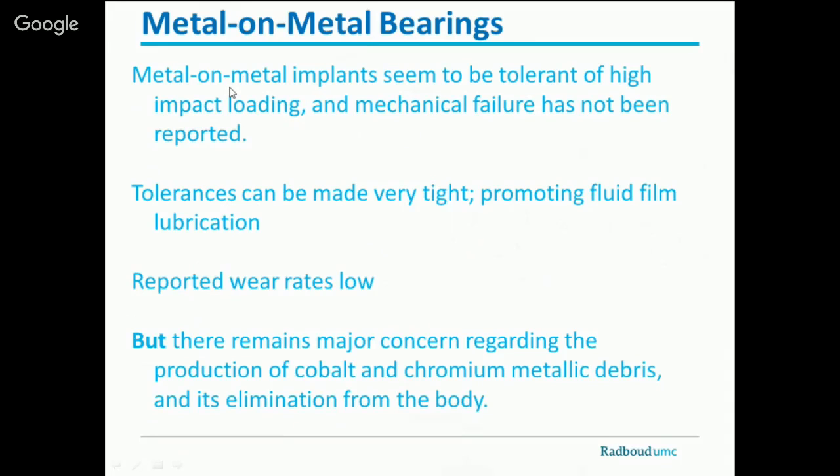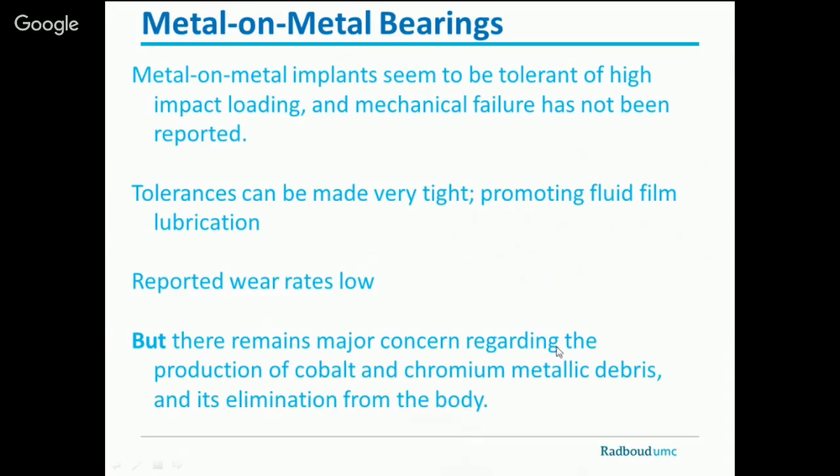Metal-on-metal implants are very tolerant against impact loading because they are very strong. But the tolerances need to be made very tight. As I explained with the McKee-Farrar prosthesis, the tolerances were not good and it was jamming all the time. So we need to make it very good.